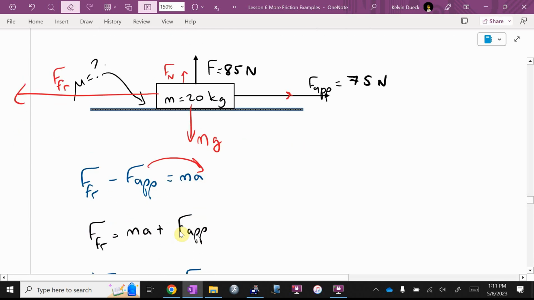I'm going to walk back up here, and I'm going to write on a, you know what? I think you're seeing it, but it's everything down has to equal everything up. So everything down is mg. Everything up is the normal force and the 85.